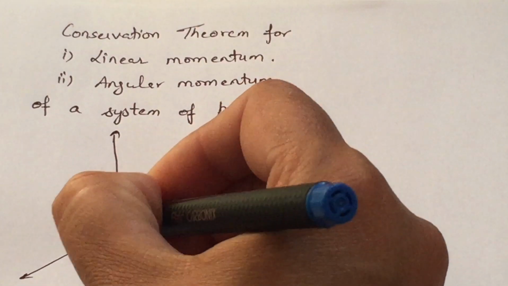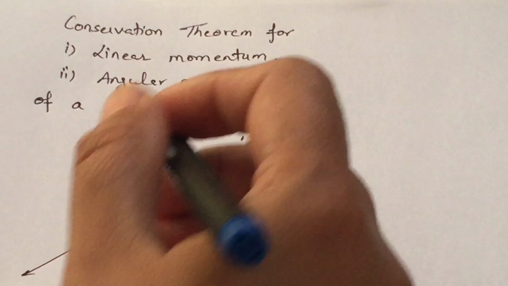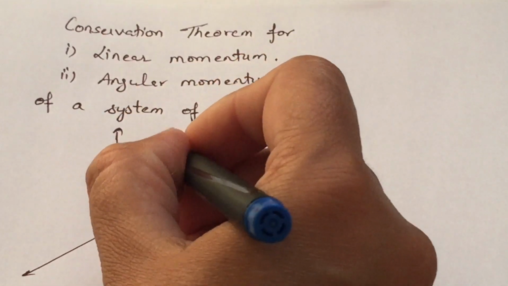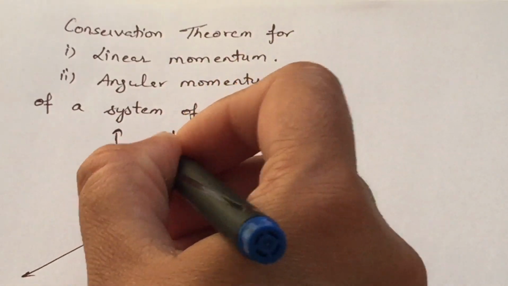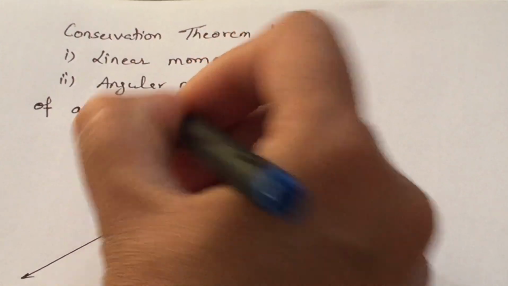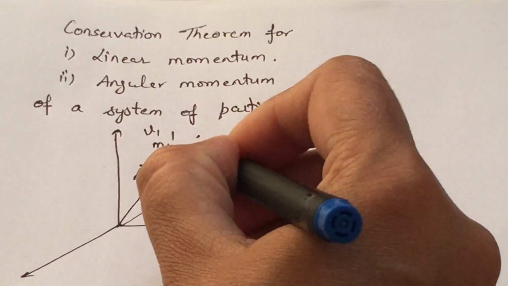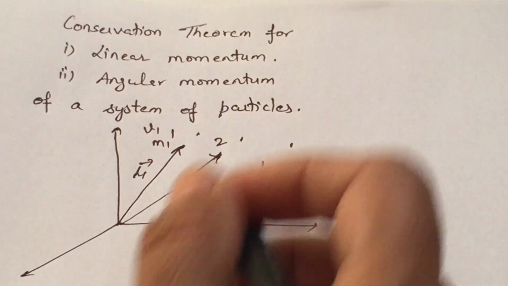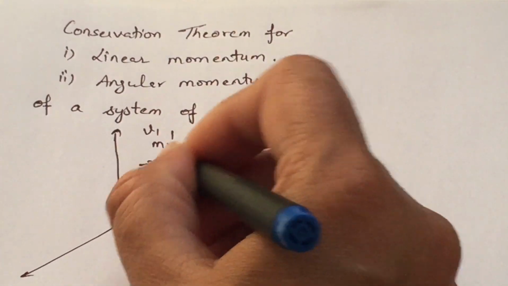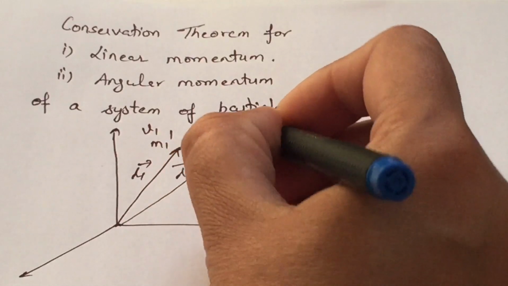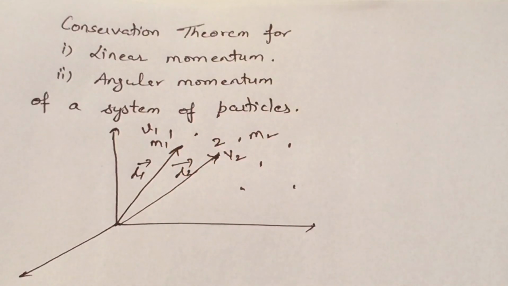Let us consider this is our first particle having mass m1, position vector r1, and it is moving with velocity v1. Similarly, this is our second particle with position vector r2, velocity v2, and mass m2.